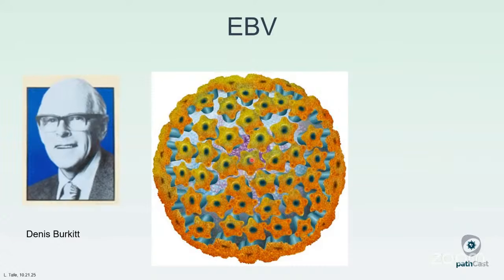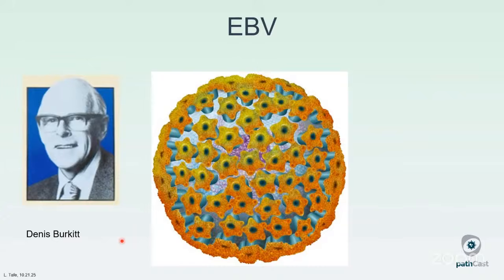And some of the story goes back to Dr. Dennis Burkitt, and you might be familiar with that name, I suspect. And Dr. Burkitt was part of the Royal Army Medical Corps in England during World War II. And he spent some time in Kenya during his time in the war.